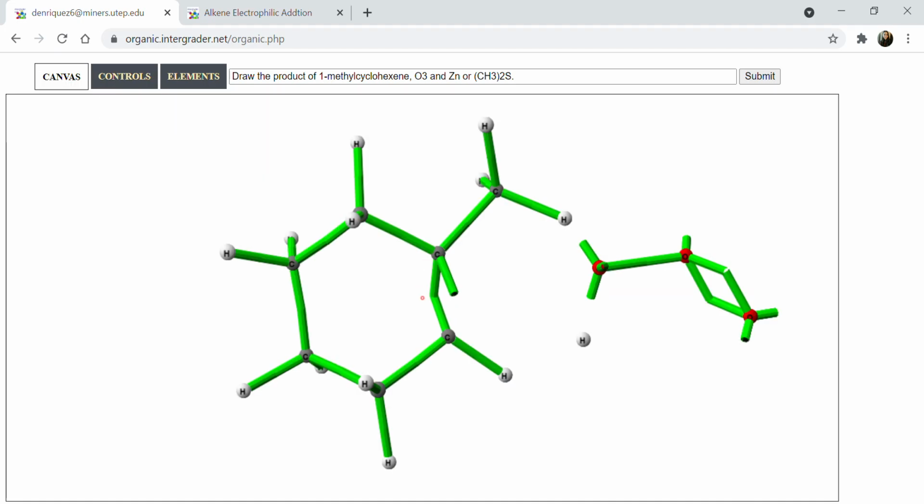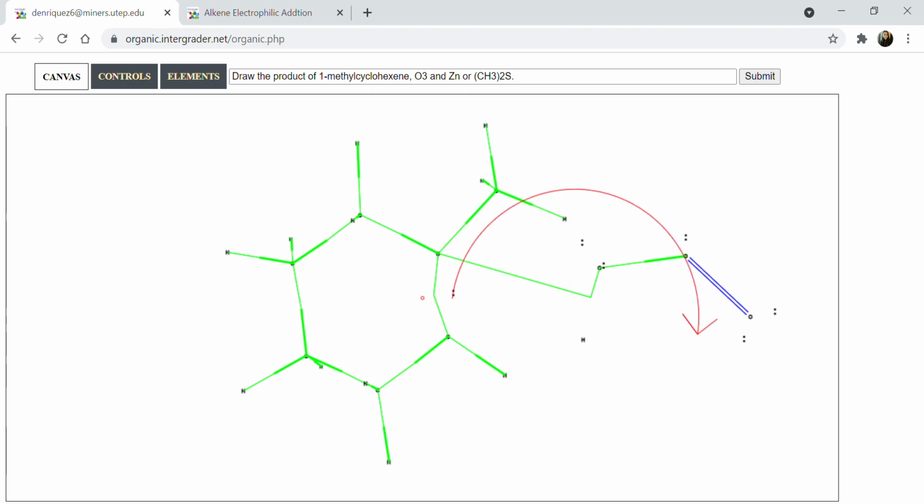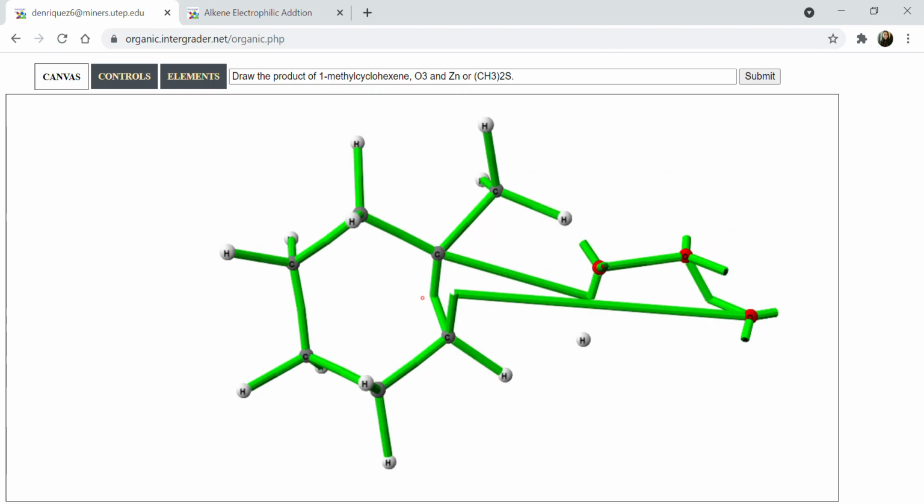I'm going to move that bond, and let's see, I'm going to move it this way, and then I'm going to attach this oxygen to the carbon, and then I'm going to attach this one to this oxygen and release these bonds to the other oxygen.